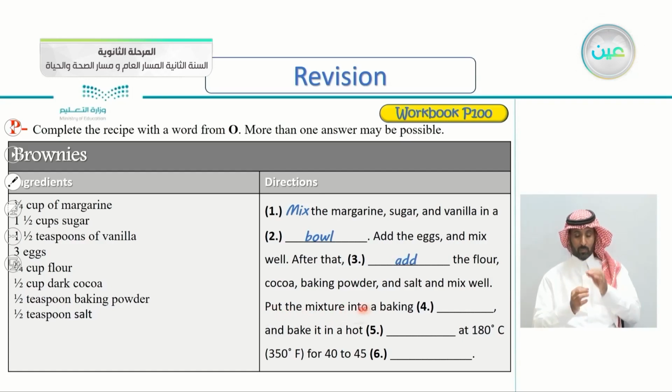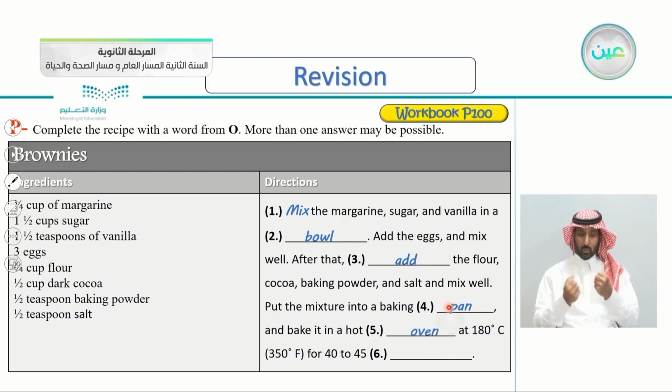Put the mixture into a baking. So we put all this mixture into a what? A baking pan, and bake it in a hot, so in a hot what? Yes, in a hot oven.